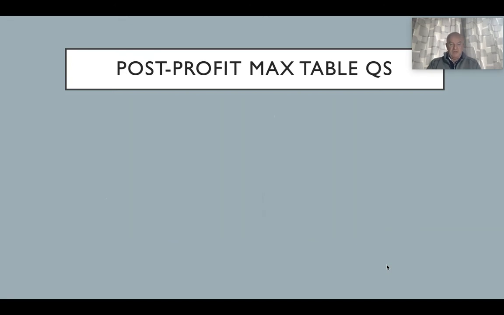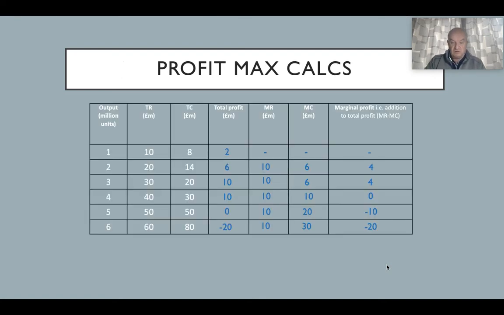Okay, so if we then take a look at the way in which we can consider this, using the data explain why marginal cost equals marginal revenue, why that is the point of profit maximisation. For as long as our marginal revenue is higher than our marginal cost, if you think about it, remember, marginal revenue is basically the extra amount of revenue that you're achieving for each item that you sell.